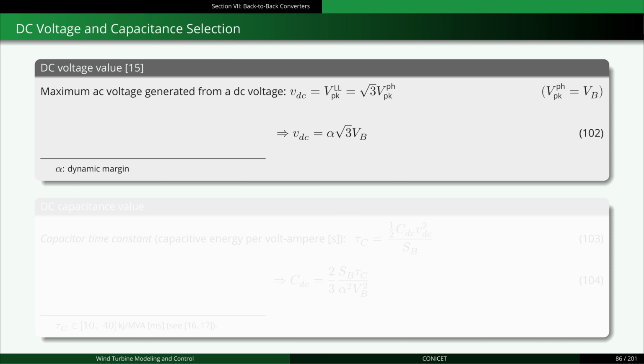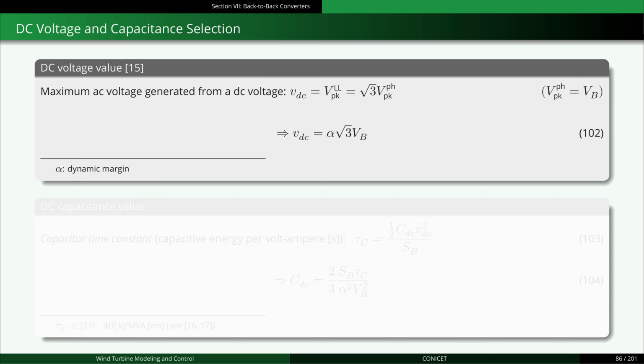To conclude this section, we provide guidelines for selecting the voltage and capacitance of the DC link. When using space vector pulse width modulation or min-max common-mode zero-sequence injection, the maximum peak line-to-line AC voltage that the converter can generate is equal to the DC voltage value.